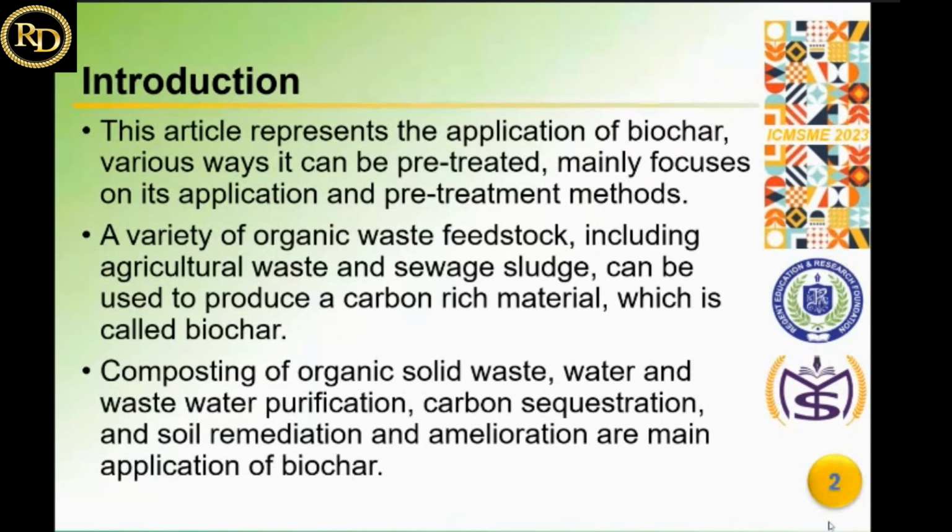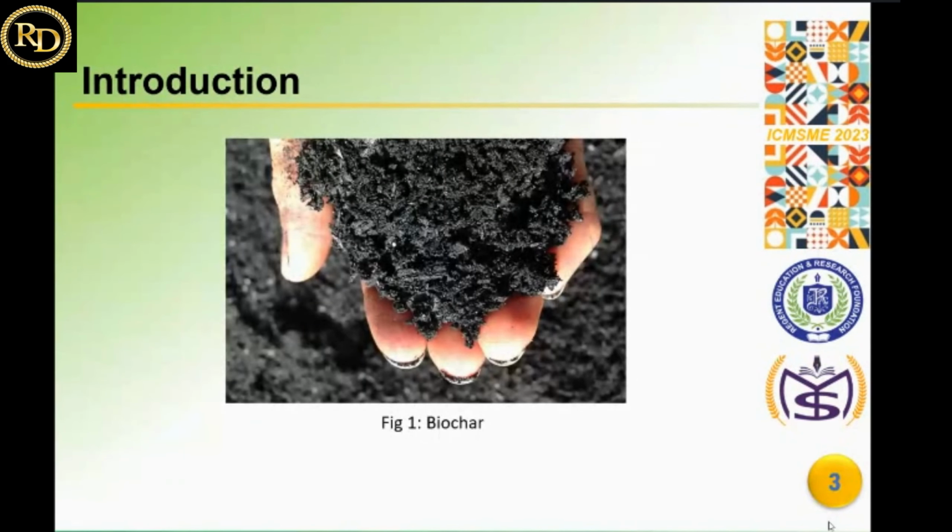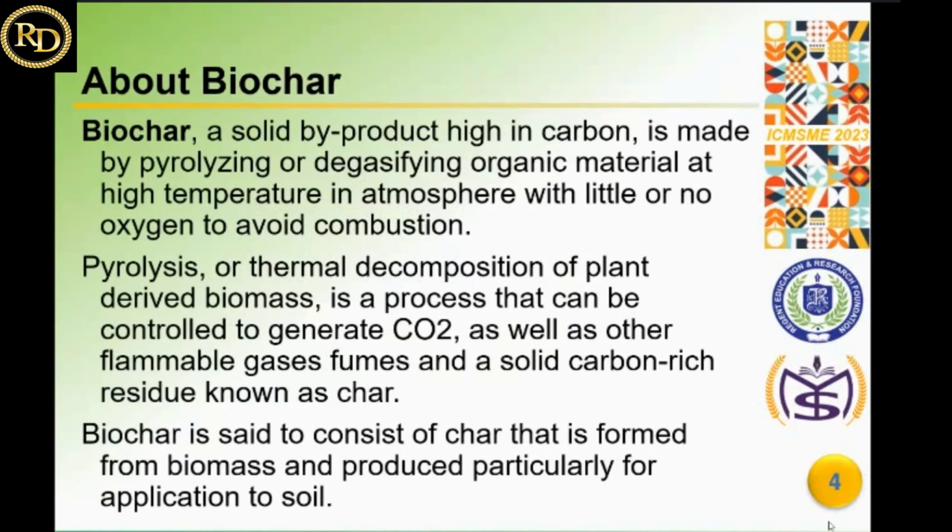This is how biochar generally looks. Like I said, it's a high carbon product made by pyrolyzing or degasifying an organic material at high temperatures, in the absence of oxygen.